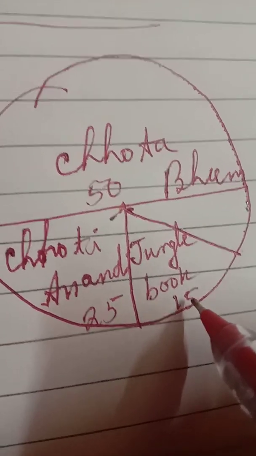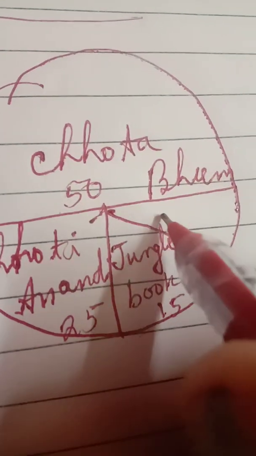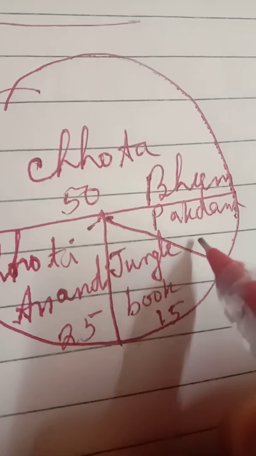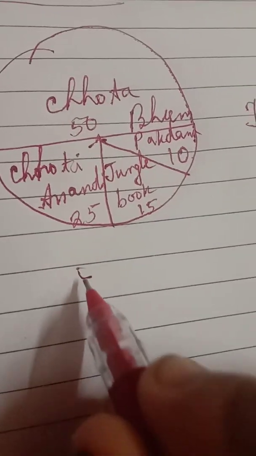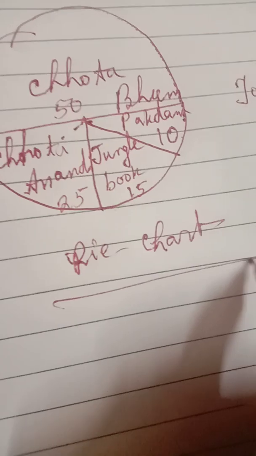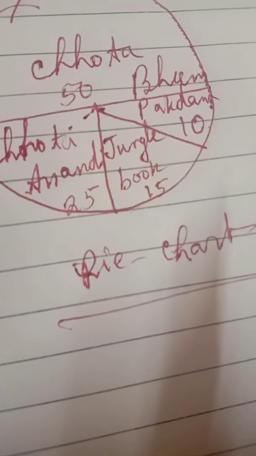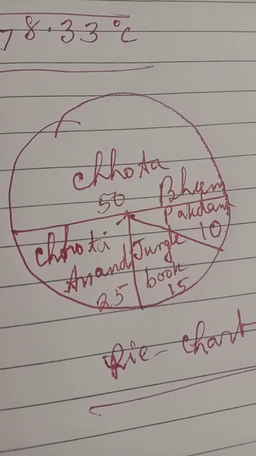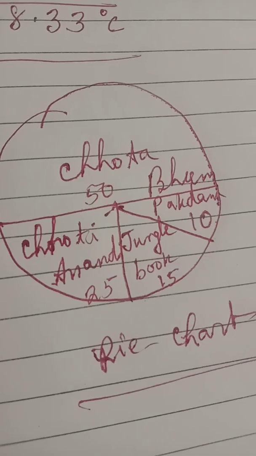Bigger part Jungle Book 15 and small part Pakram Pakri, that is 10, and total students equal to 100. So this is our pie chart. This way we completed assessment 2 from this text, from this workbook, that is Navneet practice workbook.